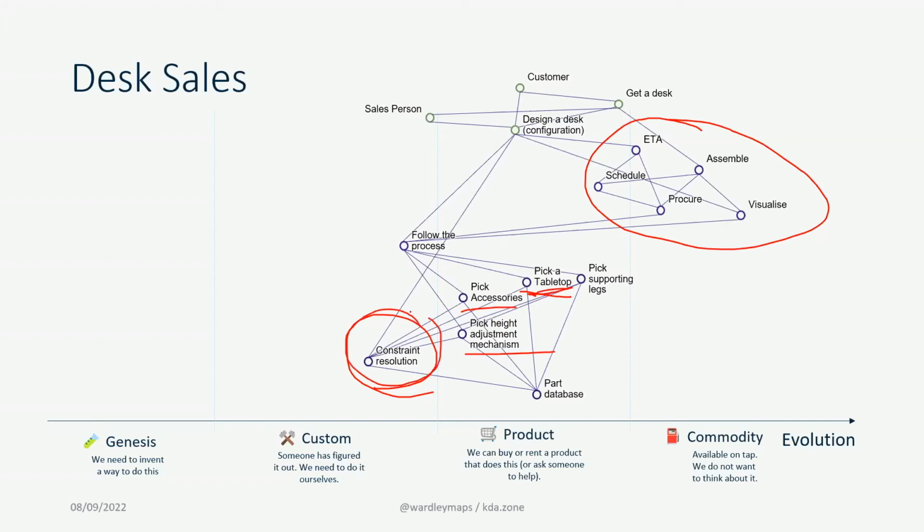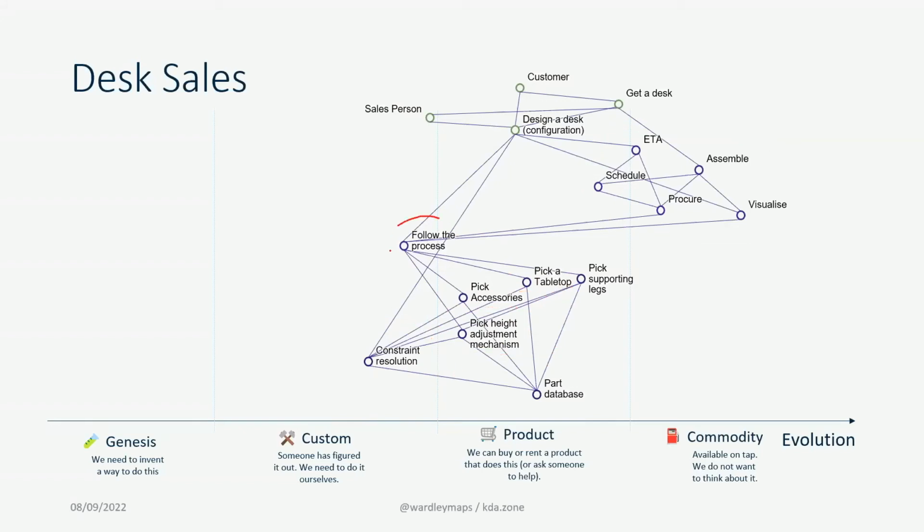This is the stuff that was solved by a person. It's custom, and everything else can be, I think, easily automated apart from this process, because this process should be marked, depends on the constraint resolution. So what do you do if you want to minimize the risk?